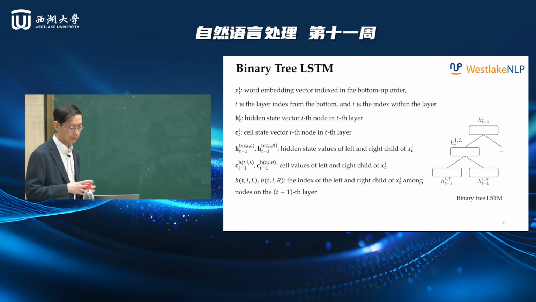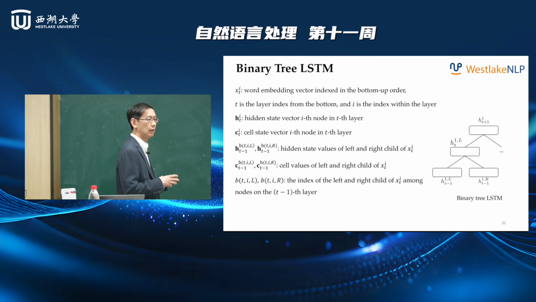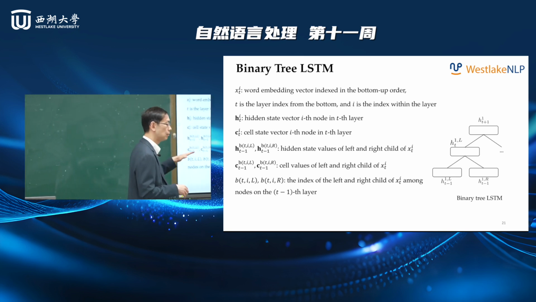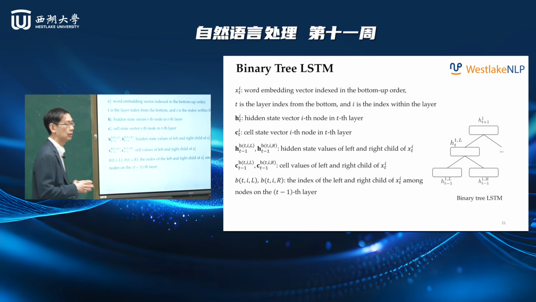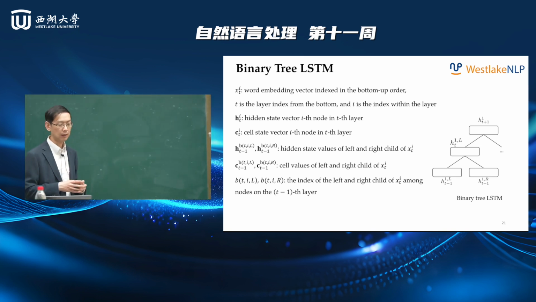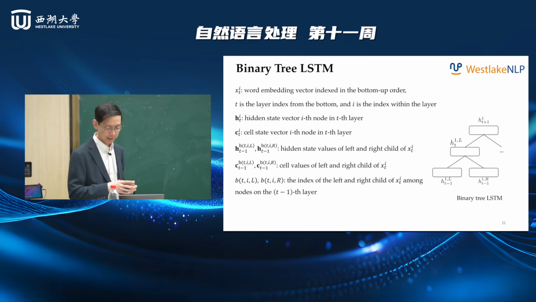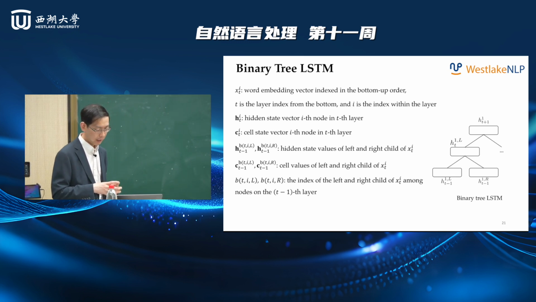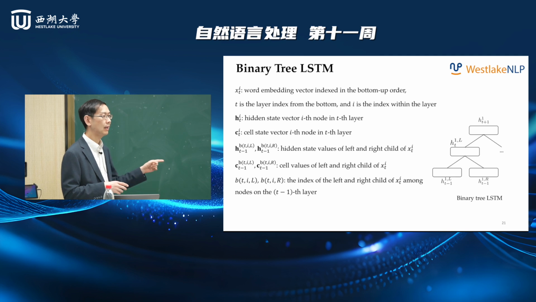And then I can index them. Still, let's have the layer index bottom up, t equals 1, 2, 3, etc. And then I can say for each node h_{t,i}, I can have h_{t-1,b_{t,i}^L}. What does b_{t,i}^L mean?